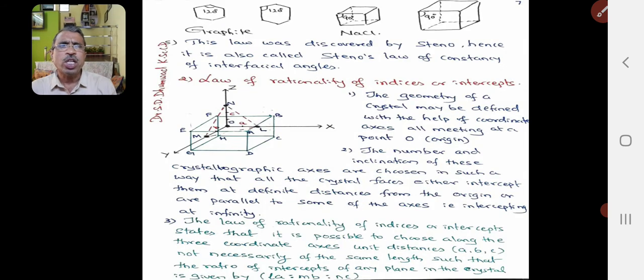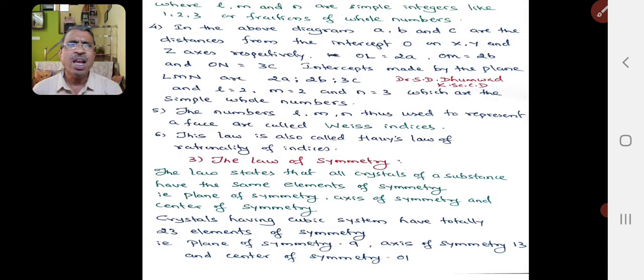I repeat the statement. The law of rationality of indices or intercepts states that it is possible to choose along the three coordinate axes unit distances, that is A, B, C, not necessarily of the same length, such that the ratio of intercepts of any plane in the crystal is given by LA is to MB is to NC, where L, M and N are simple integers like 1, 2, 3 or fractions of the whole numbers.